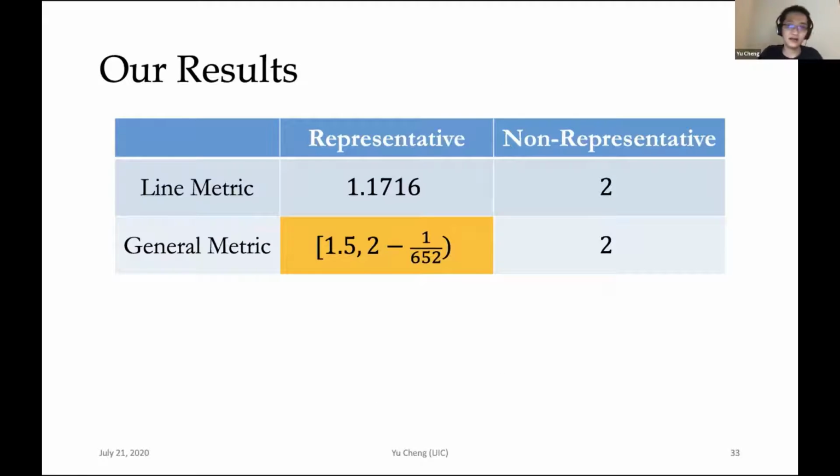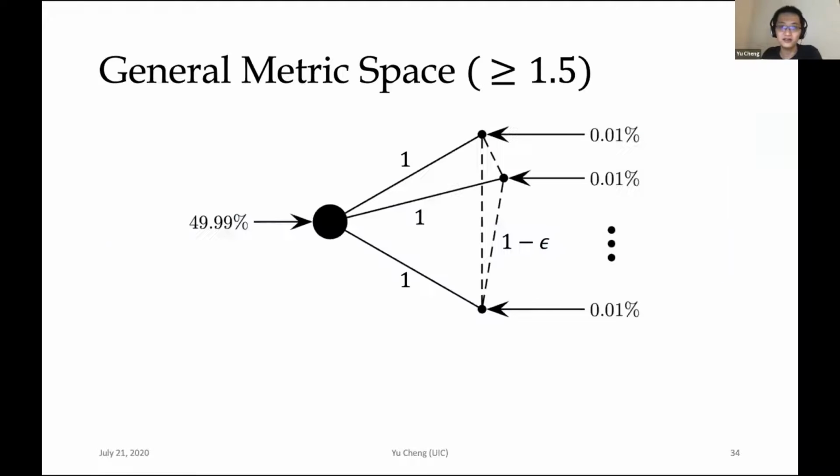Okay, good. Now let me move on to the case where the underlying metric space is arbitrary. So here, mostly I just want to show this example of what the worst case instance looks like. So you have one cluster of voters with probability mass half minus epsilon, and then you have everybody else shattered on the right-hand side.